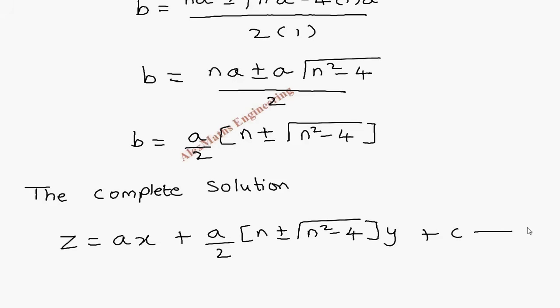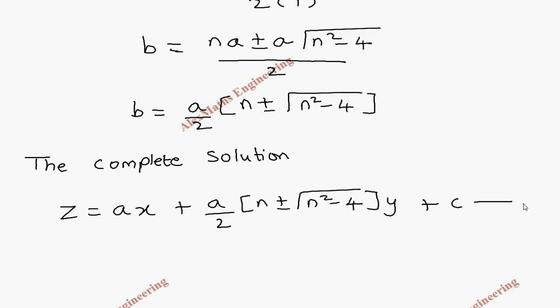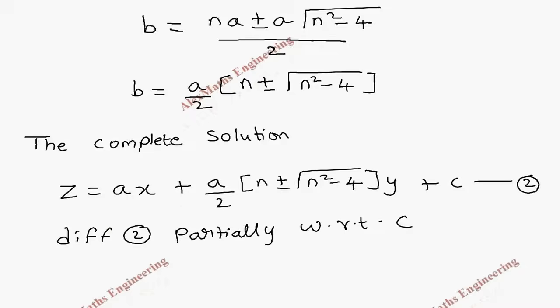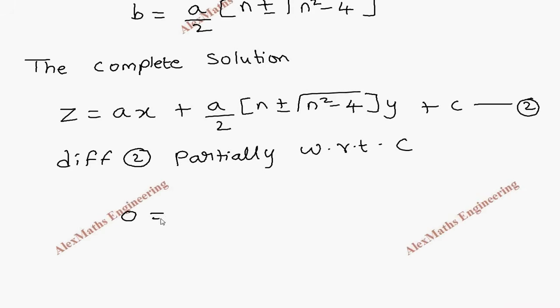Now let's take this as the second expression. Now differentiating this second expression partially with respect to c, we get left hand side 0 and right hand side everything is constant except c, and c derivative is 1.